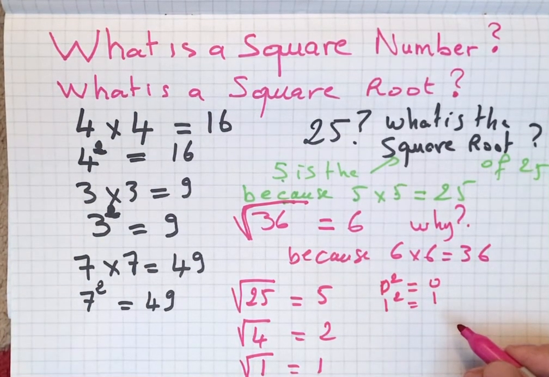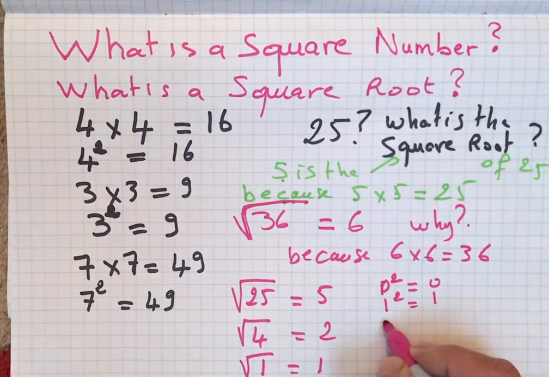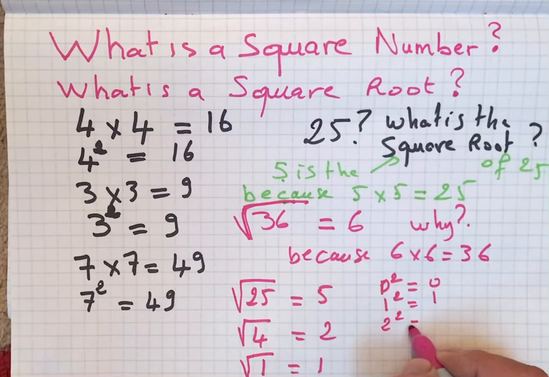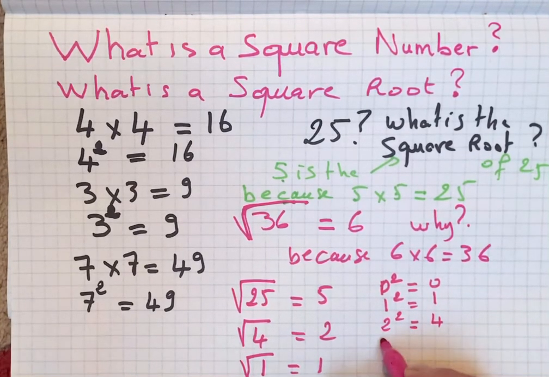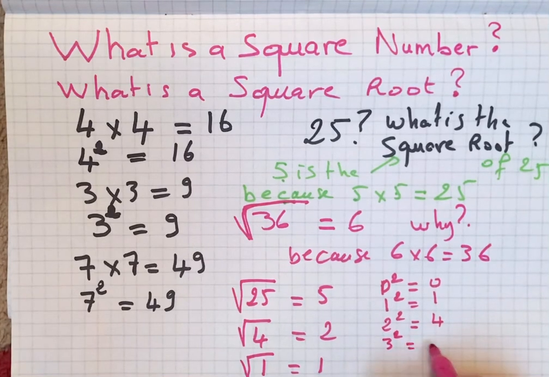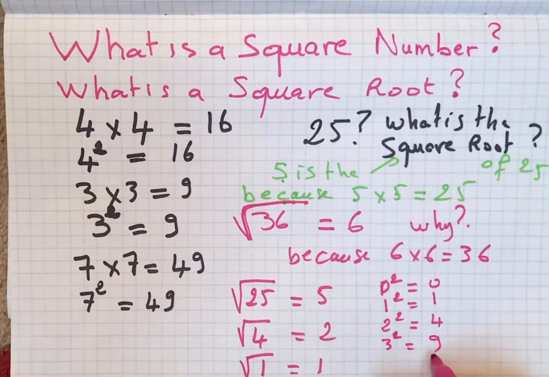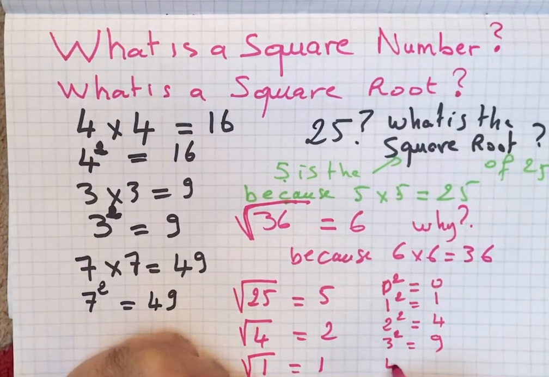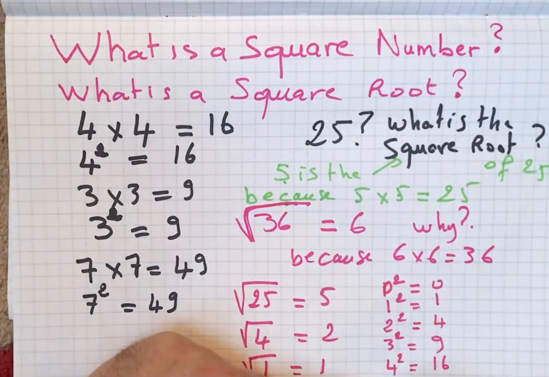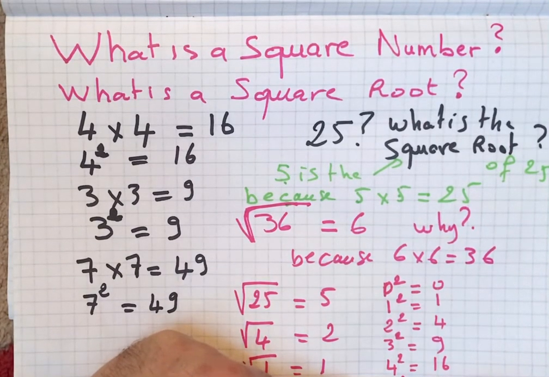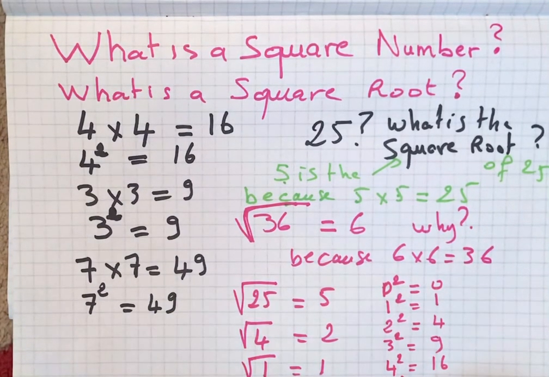Then what do you think 2 squared will be? 2 squared equals 2 times 2 equals 4. 3 squared equals 3 times 3 equals 9. 4 squared equals 4 times 4 equals 16. We have to learn this by heart.